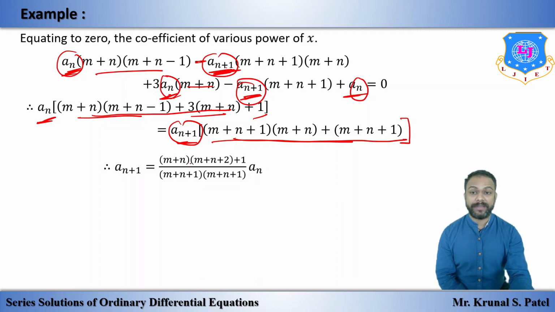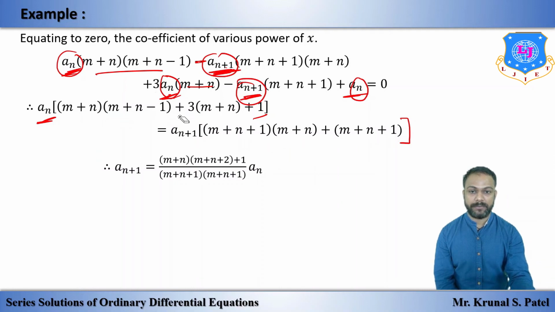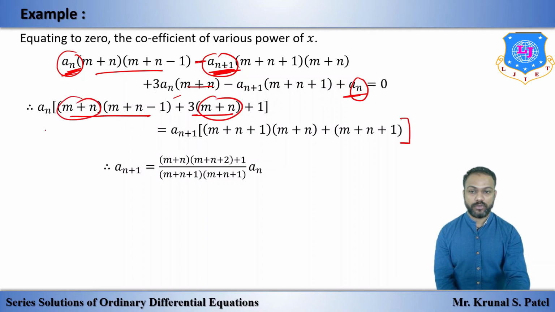How is this simplified? From the first two terms, observe that I am just explaining, we'll take m plus n common, so we have m plus n, and in the second bracket we have m plus n minus 1 plus 3, so it will become plus 2, and we have plus 1 as it is.